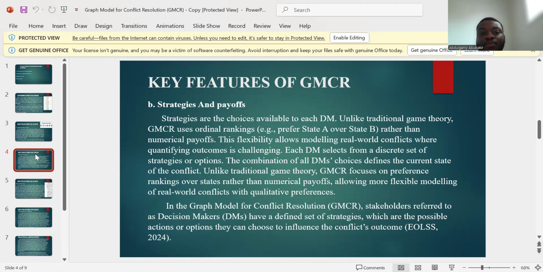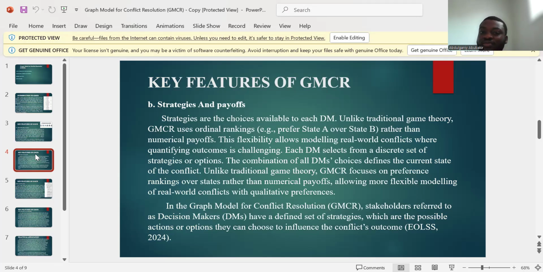Let's say the preference of a government agent, who is a decision maker, is over the preference of a non-governmental organization officer. So that's what strategies are.